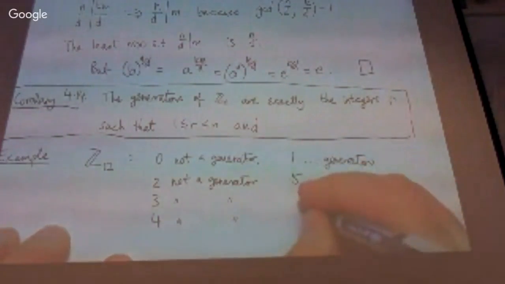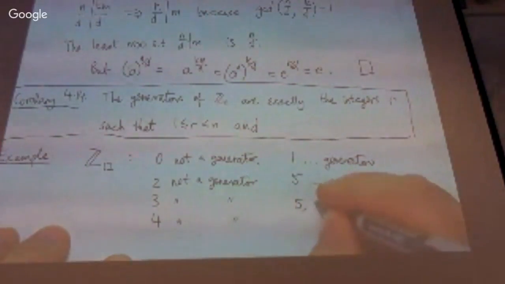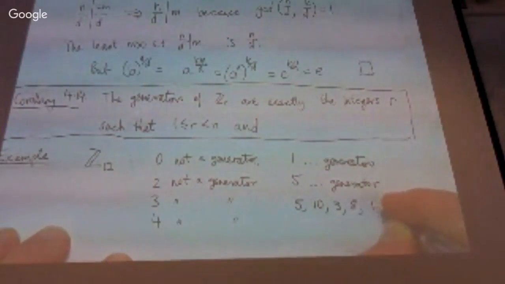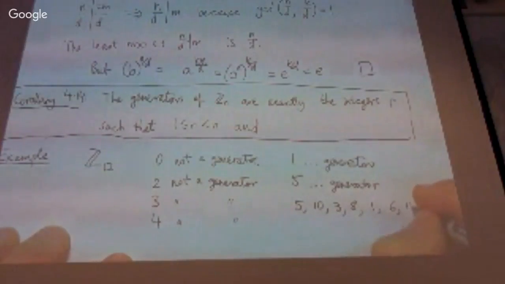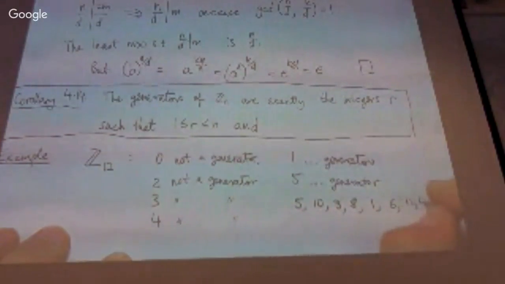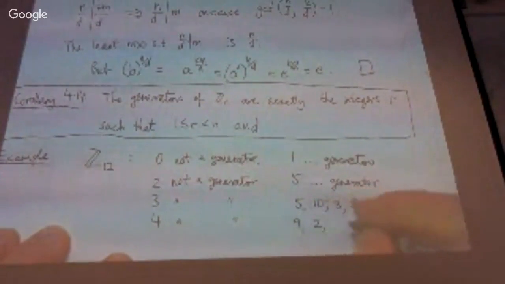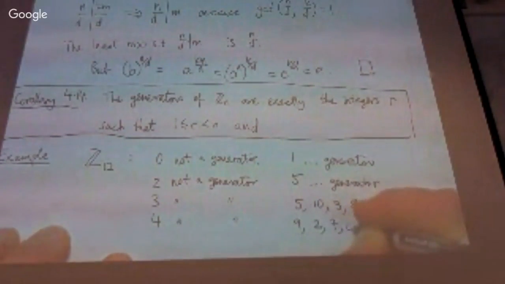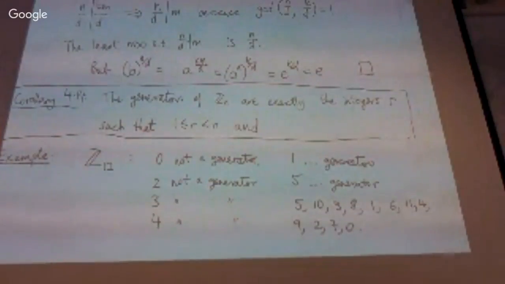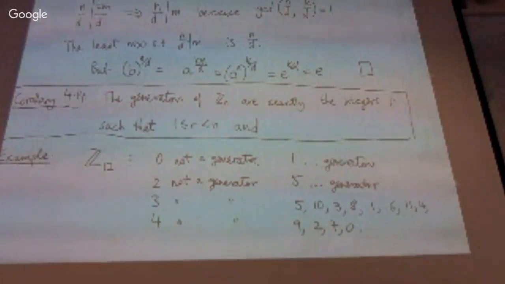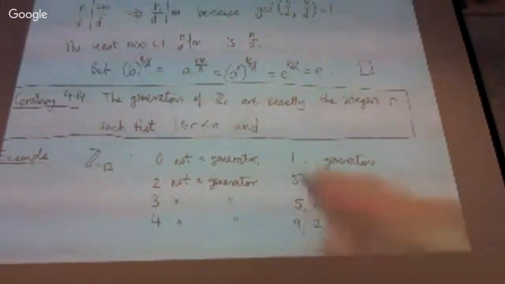So I get 5, I get 10, 15 is 3, 8, 1, 6, 11, 16 is 4, 9, 14 is 2, 7, 0. Is that everything? Yes. So 5 is a generator, it gives me everything when I generate.